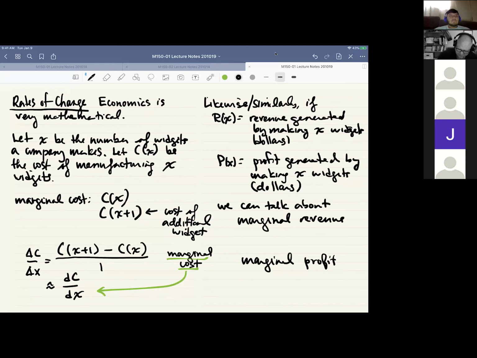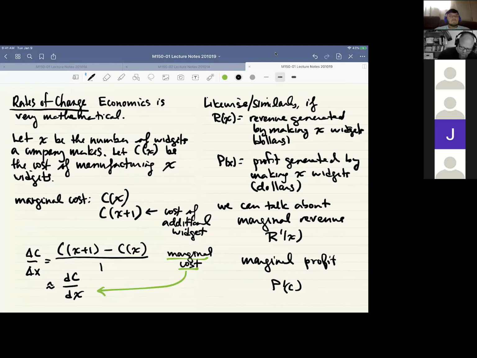And in the language of calculus, it's just the derivative. So this is how economists apply calculus to the work that they do.